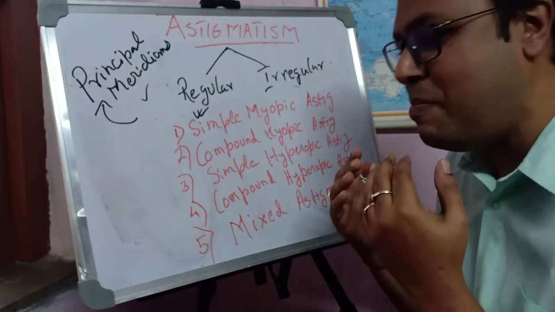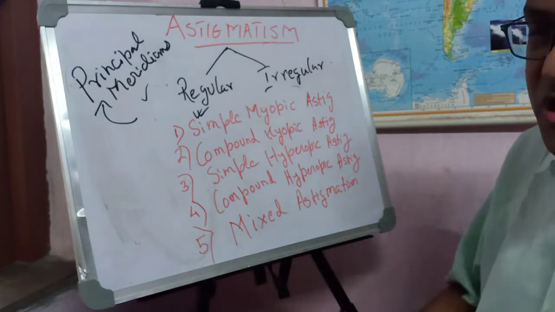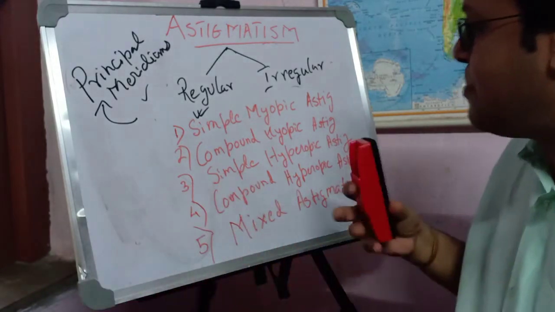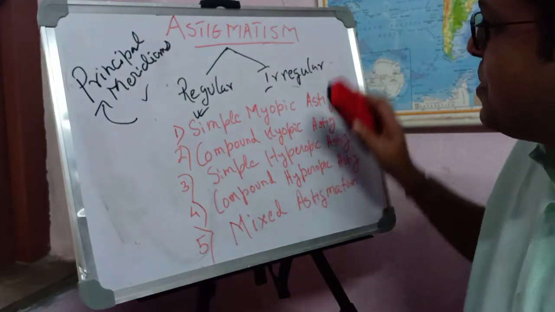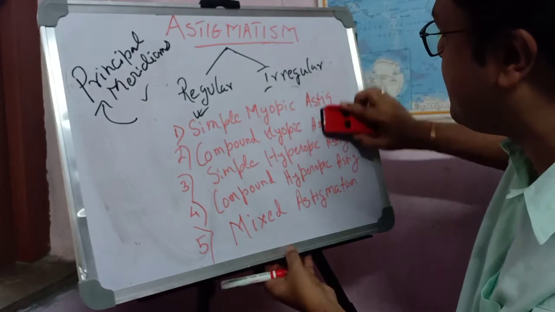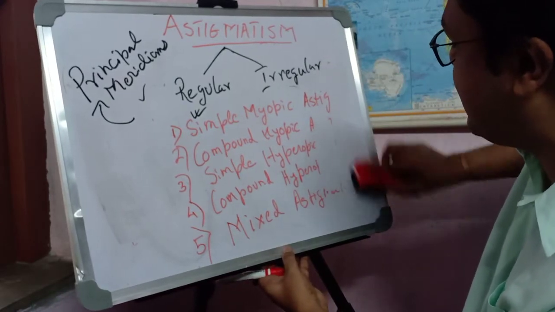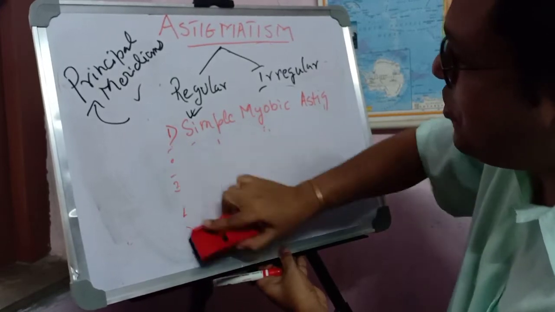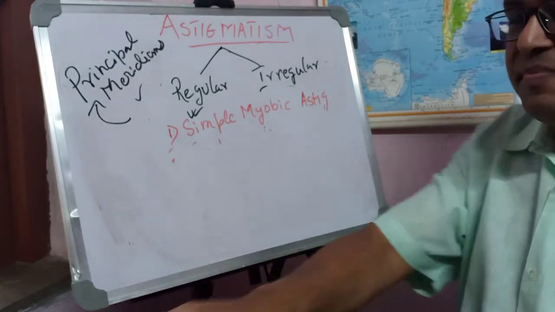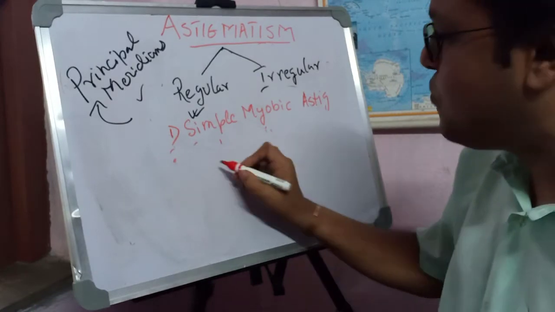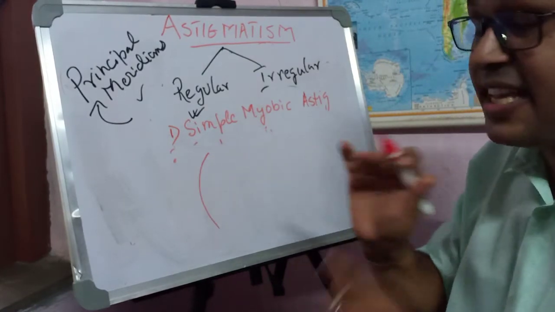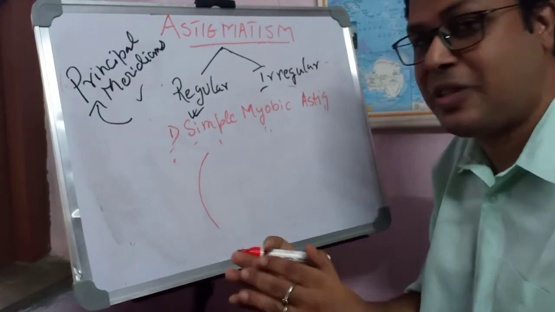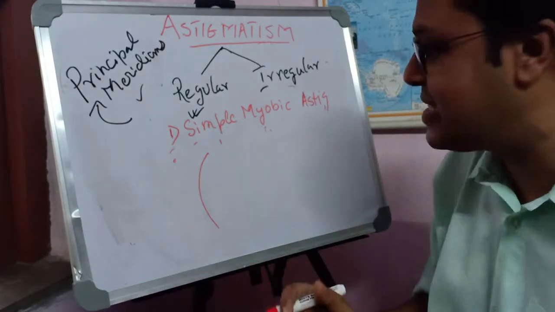What do we mean by these terminologies, right? Let's take the first one, simple myopic astigmatism. What do we mean by myopia? Say again I take the cornea. I am not taking into account the lens over here, but the concepts are the same.